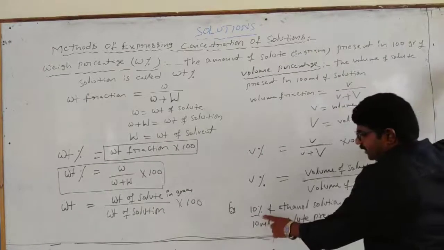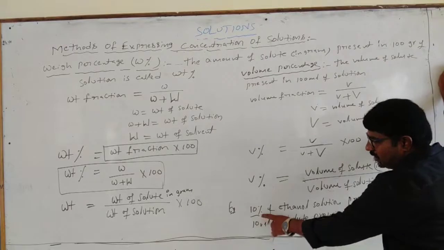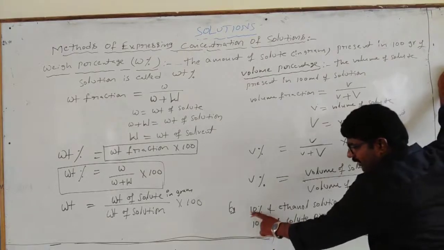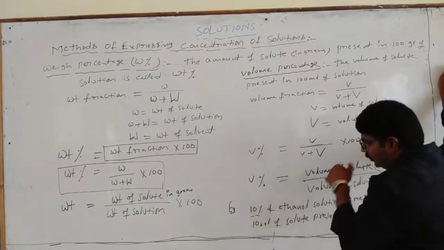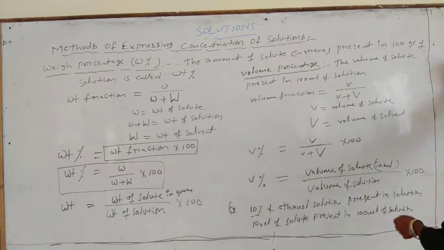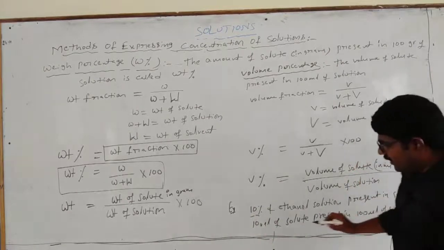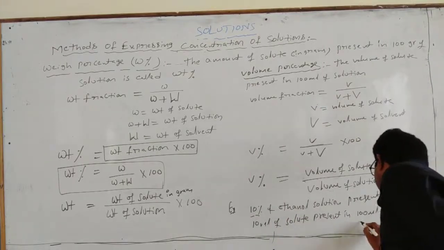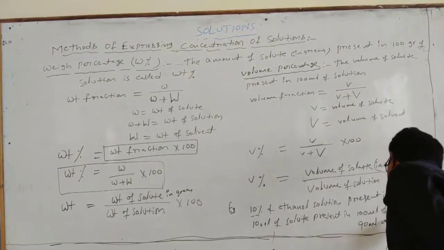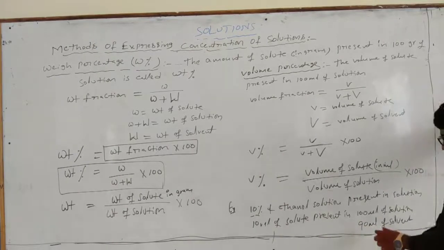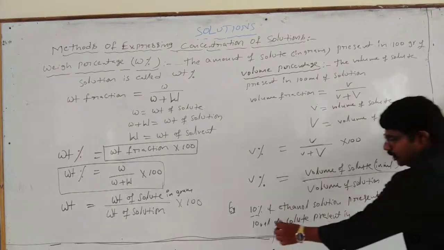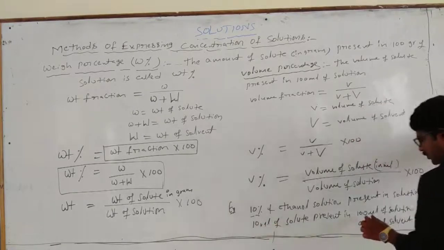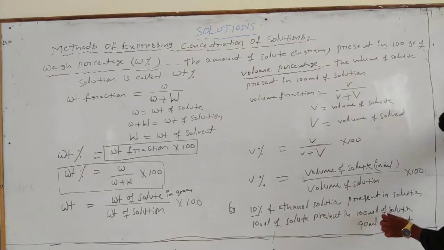Percentage indicates the volume of the solution, and 10 indicates the volume of solute. So 100 ml of solution containing 10 ml of solute means the remaining solvent is 90 ml. Solvent is 90 ml, solute is 10 ml, total volume of solution 100 ml.